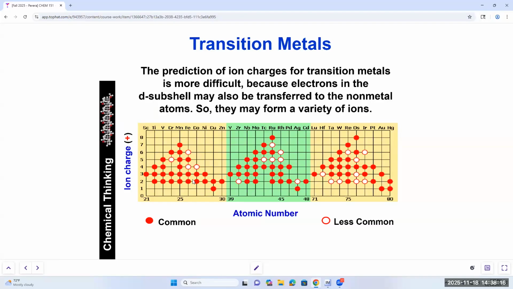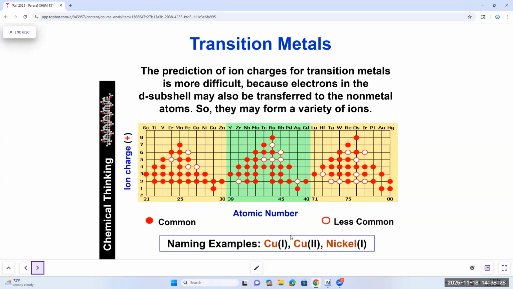For that reason, whenever I give you a question about a transition metal, I'm going to give you more information. For example, if I give you copper, within parentheses I'm going to write a number like this. If I write 1, what's the charge of copper there? Okay, you have to say +2.